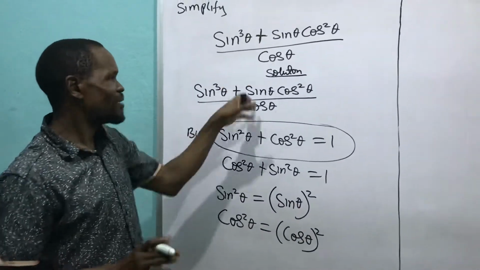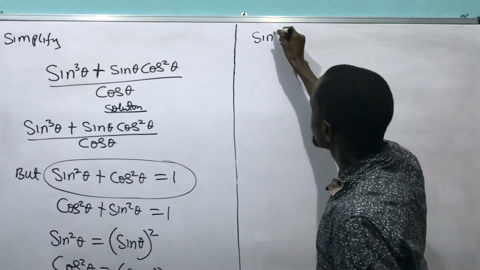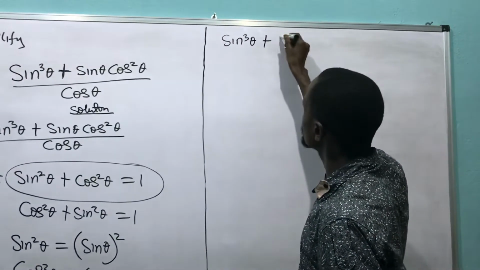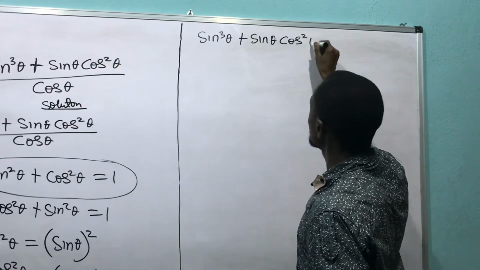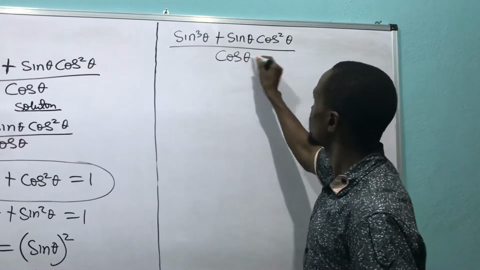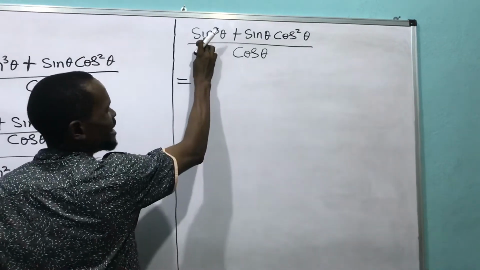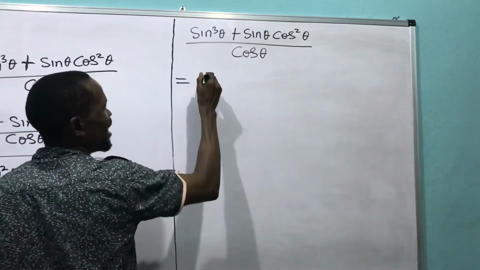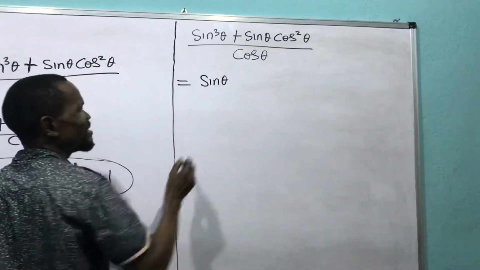Let's clear ourselves here. We have sine cube theta plus sine theta cos square theta, all over cos theta. I see that sine is here and sine is here, so I can bring sine theta out.